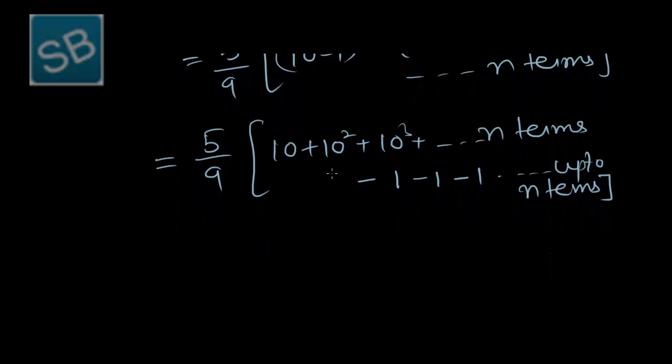So if we see, this is a GP series, where the first term is a, and if we take the ratio 10²/10, it is 10, and 10³/10²  is also 10. So the common ratio r is 10 and the first term is a = 10.